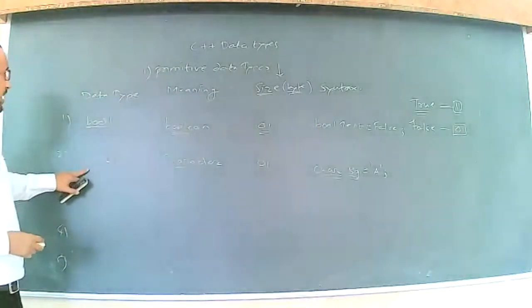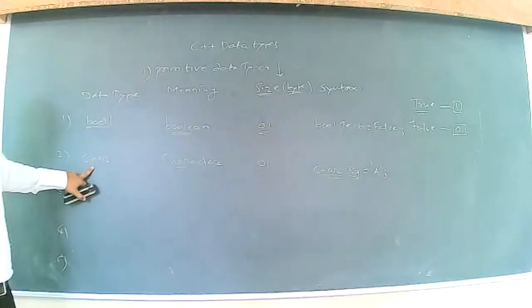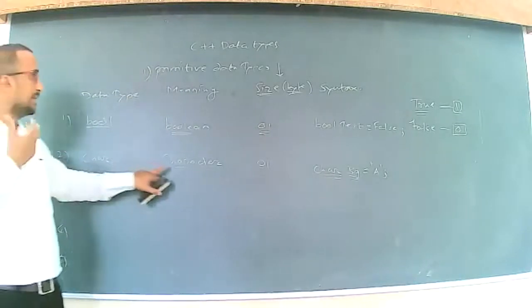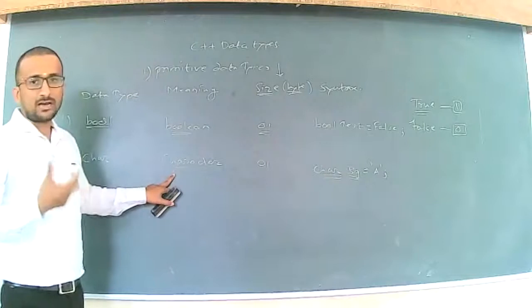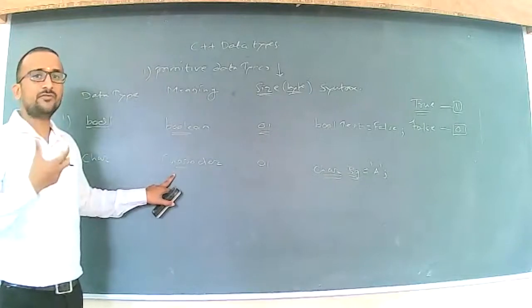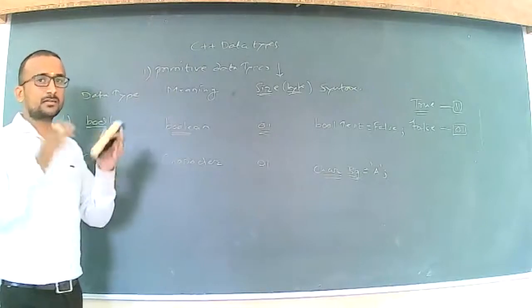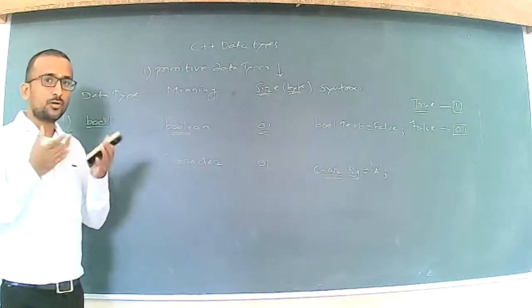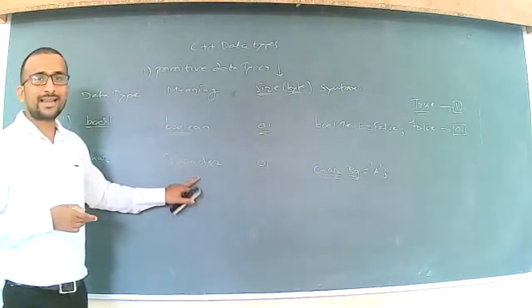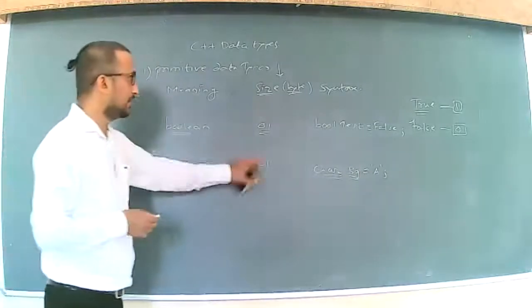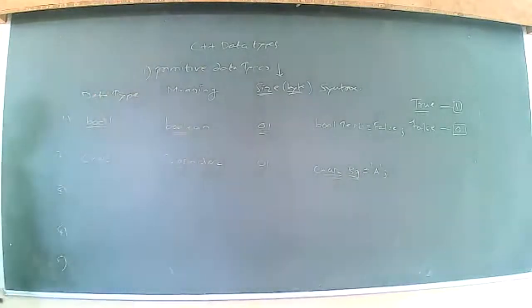So this is the second data type, char, which is going to hold data of type character. The size will be 1 byte.